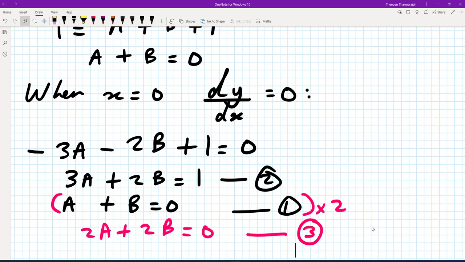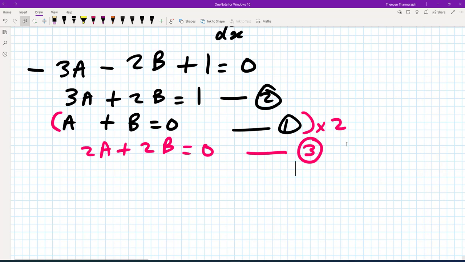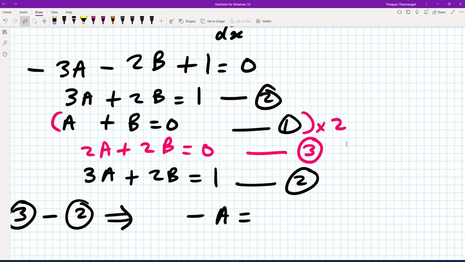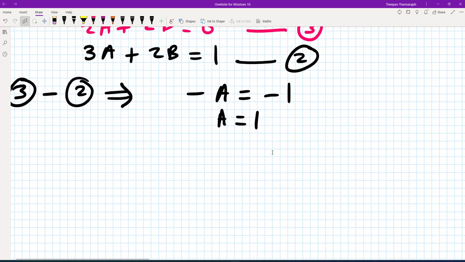And then let's write the second equation underneath that, which is 3a plus 2b equals 1. And then we're going to do equation 3 minus equation 2, which will give me minus a is equal to minus 1, therefore a is equal to 1, which implies b must be minus 1.